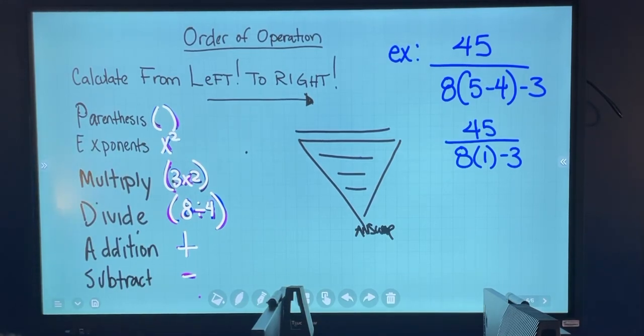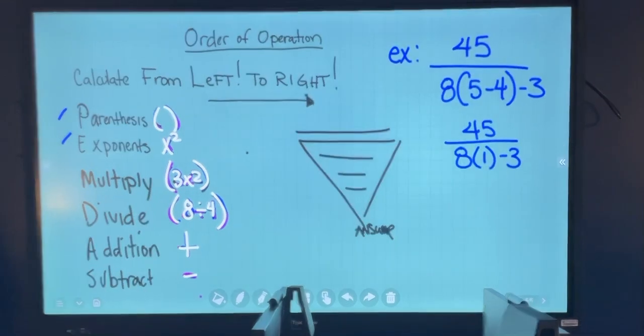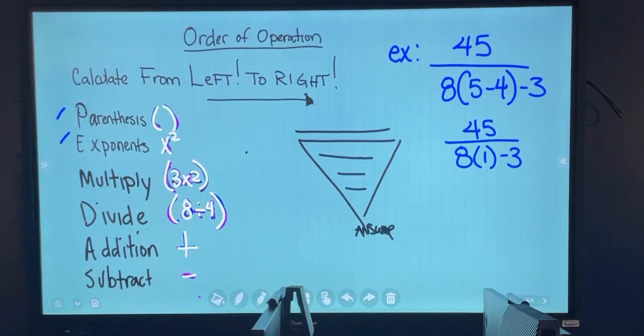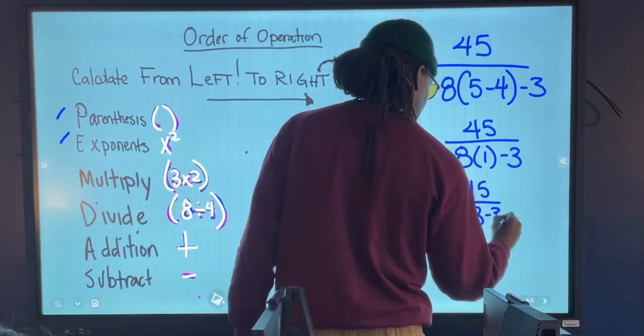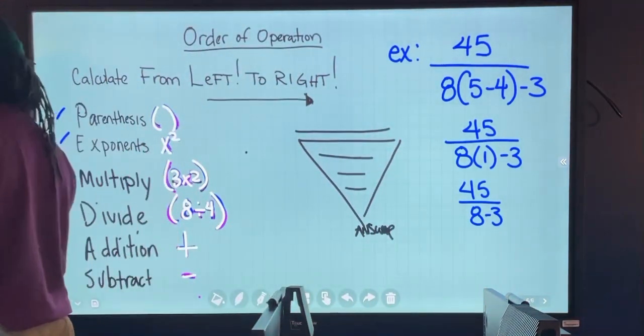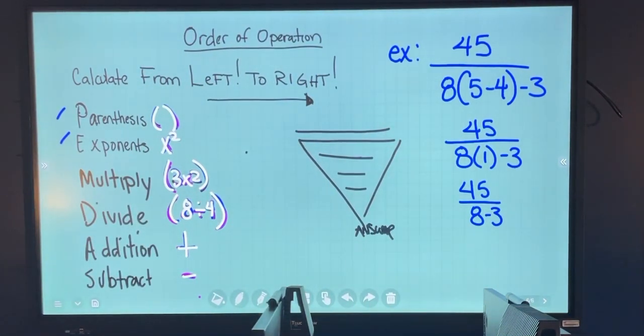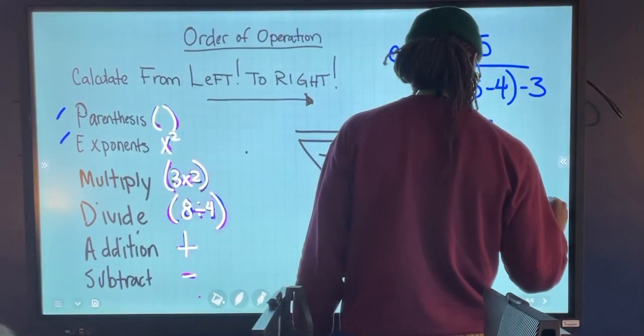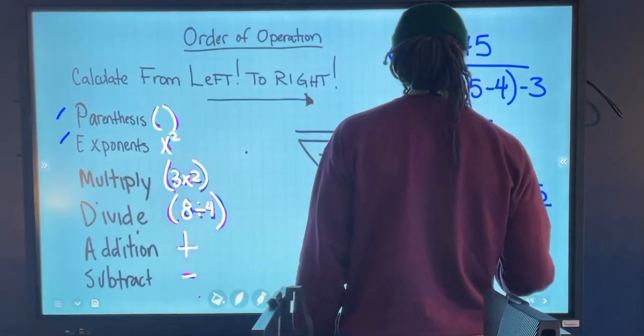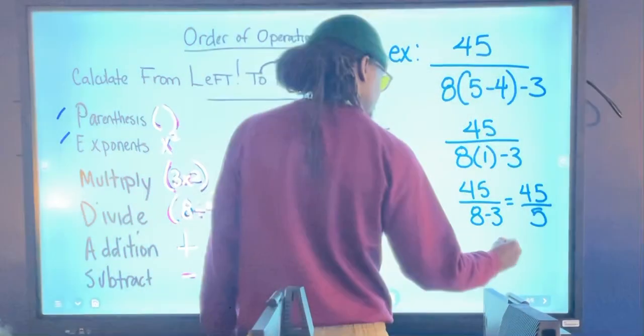No. Now we can look to see if we can multiply. What can I multiply? 8 times 1. That's going to give me 8. So now I'm at 45 over 8 minus 3. After you multiplied, is there anything else that I can do? Divide. Well, before I divide, I've got to clean up the bottom: 8 minus 3 becomes 5. So now this is 45 divided by 5, making your answer 9.